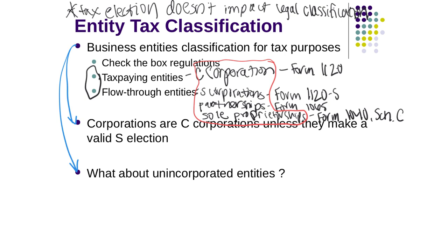And there are specific rules that you have to follow to make sure you can make a valid S election. But that is more of an advanced tax topic. Just for general awareness, there are rules that you have to follow in order to make that S election. Other entities that can have check the box regulations are unincorporated entities.